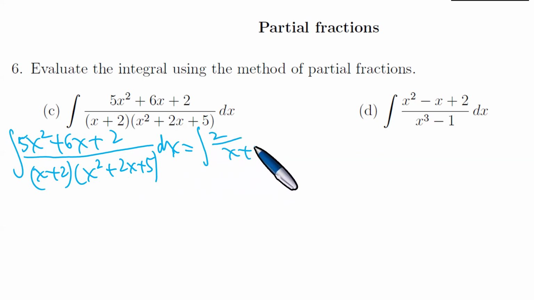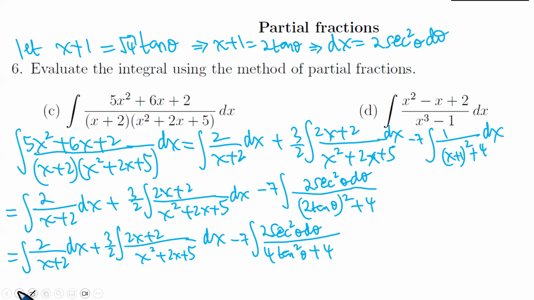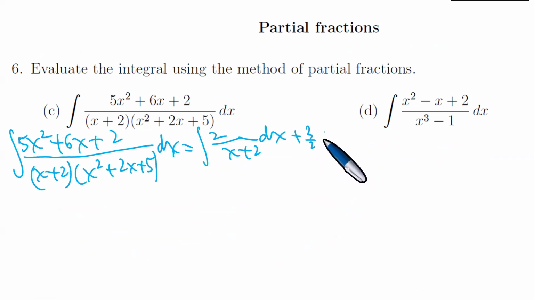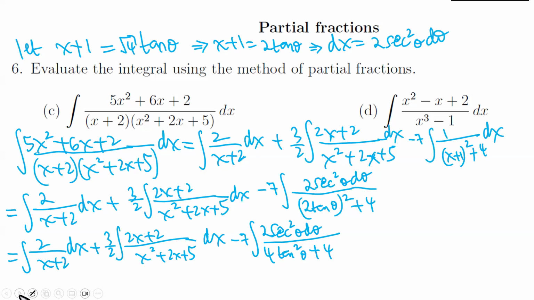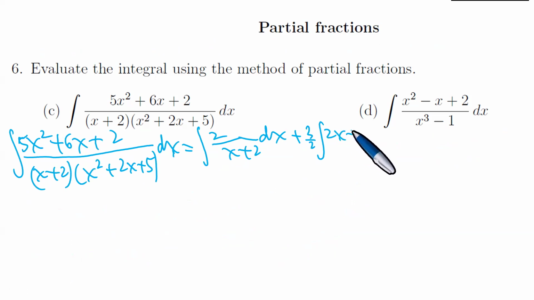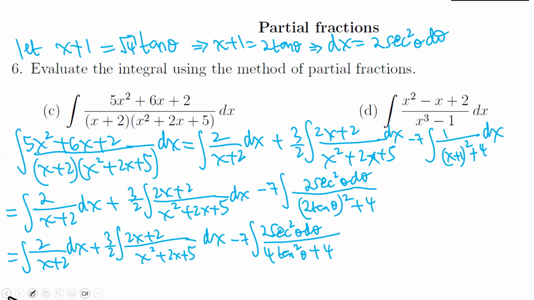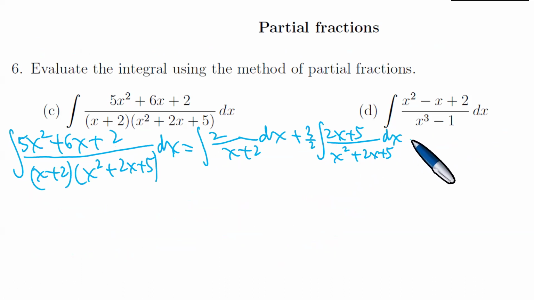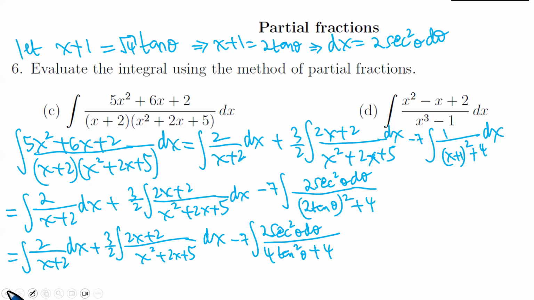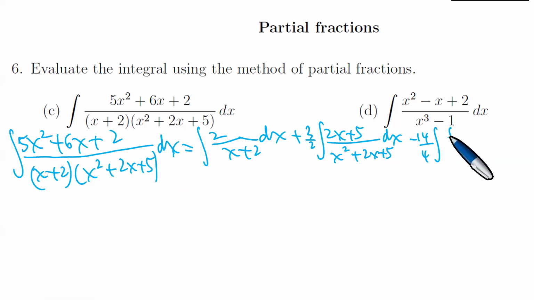It's 2 over x plus 2 dx plus 3 over 2 the integral of 2x plus 2 over x squared plus 2x plus 5 dx, minus 7 times the integral of sec squared theta d theta over 4 sec squared theta.